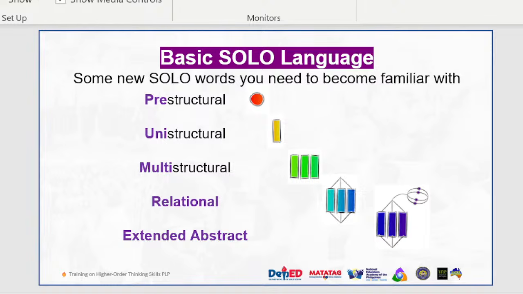So we need to understand some of the basic SOLO language. So we have here the 5 SOLO words that you need to be familiar with. We have pre-structural, unistructural, multistructural, relational, and extended abstract.